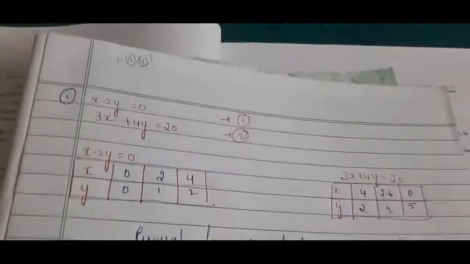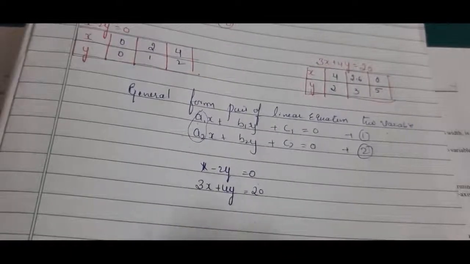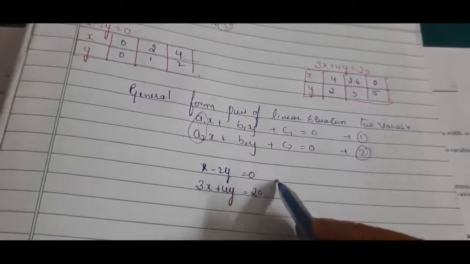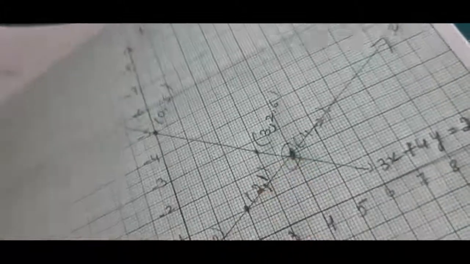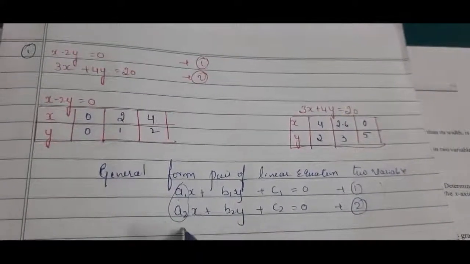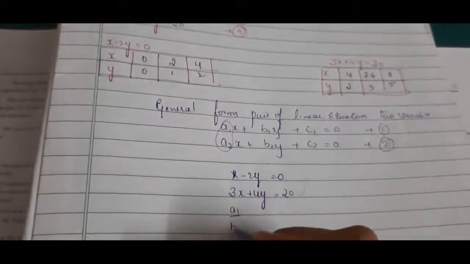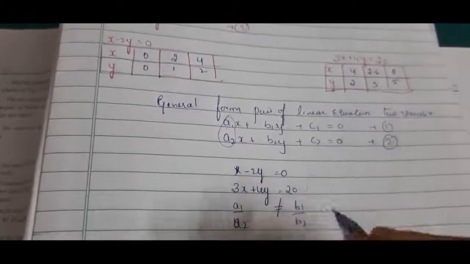Okay, observe the equations that I wrote here. These are in general form. Now we got this from these equations: which representation? Intersecting. The lines intersect and we got only one solution. So when you compare these ratios, a1 by a2 is not equal to b1 by b2.